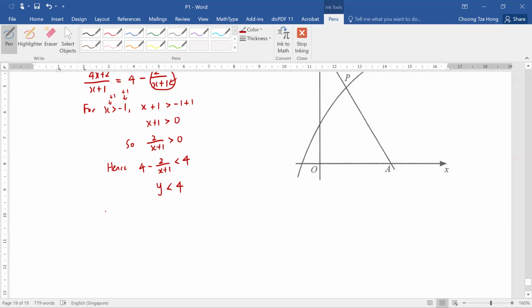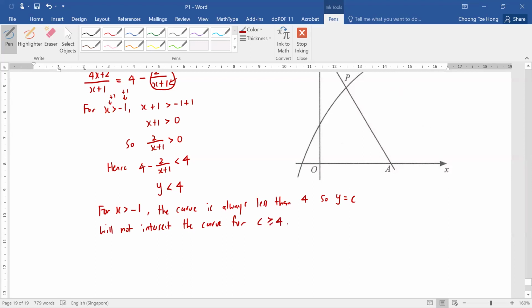So let's write one concluding statement. For x greater than negative 1, the curve is always less than 4. So y equals c will not intersect the curve for c greater than or equal to 4.